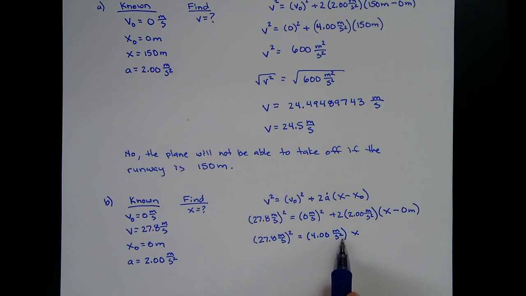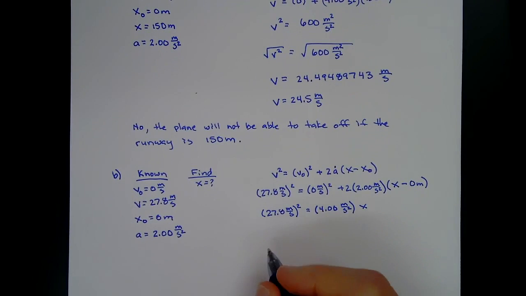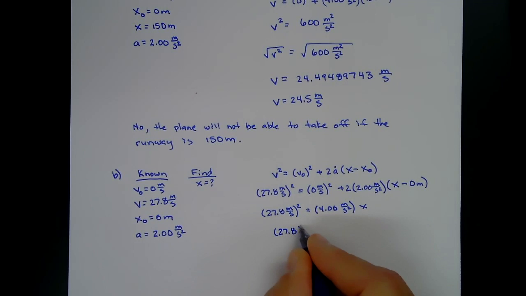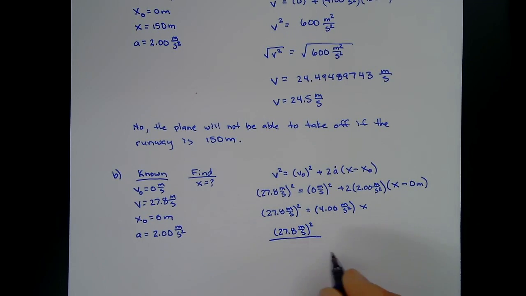So all I need to do, to get x by itself, is divide both sides by this 4.00 meters per second squared. All right, so 27.8 meters per second squared divided by 4.00 meters per second squared is equal to my x. Now, what are the units for this x? Well, it's going to turn out to be meters, okay?